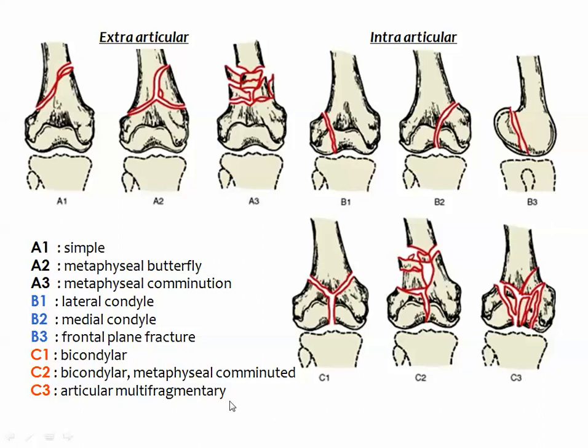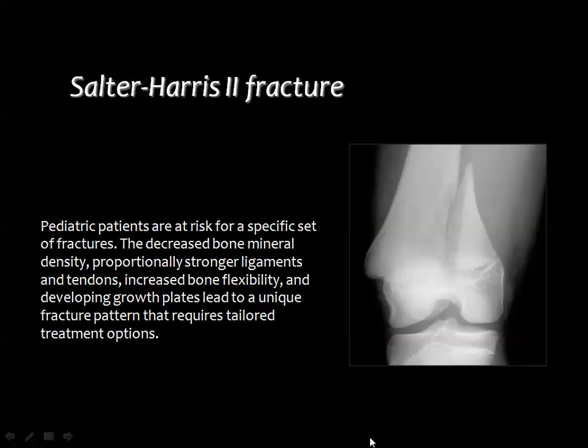The fracture, if it is comminuted and reaching the articular surface, you have type C1, which affects both condyles, type C2, which affects both condyles with metaphyseal comminution, and type C3, which is a severely comminuted fracture.